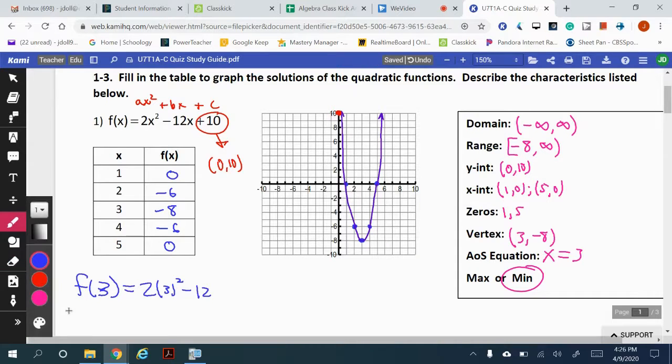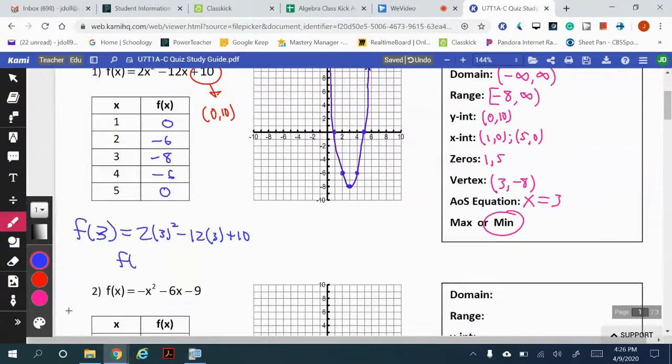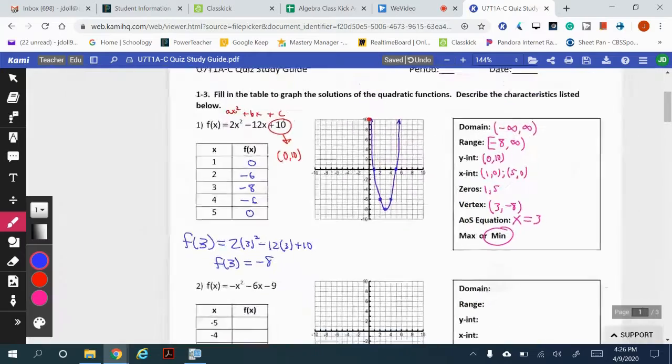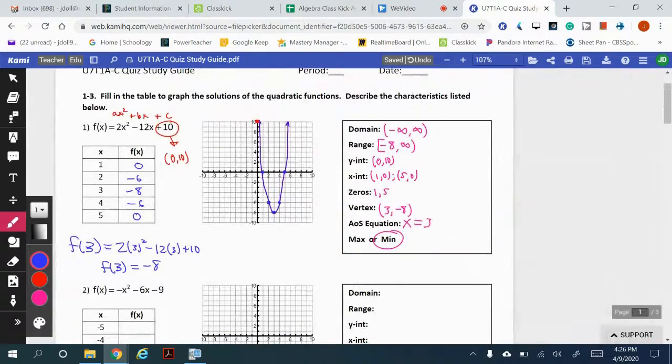I want to replace it with 3. Plus 10, and we do the math here and simplify everything, we're going to get f of 3 equals -8. So either do it with your calculator, like I did, or for each x-coordinate, you can plug it in and find the y-coordinate. All right, so that's doing a problem like this in general form.